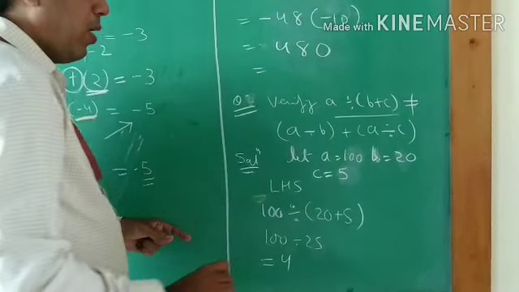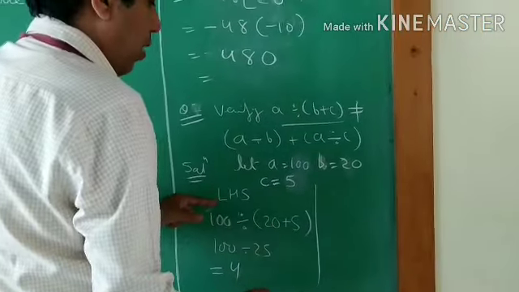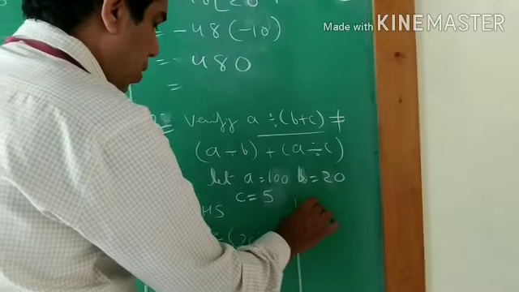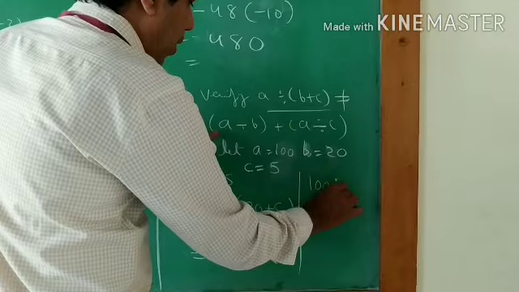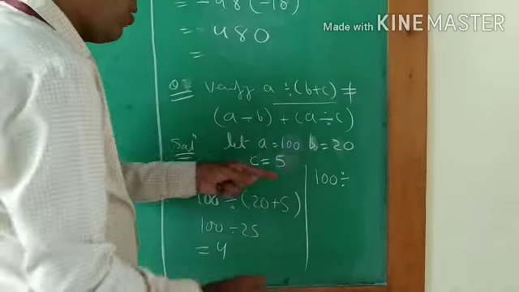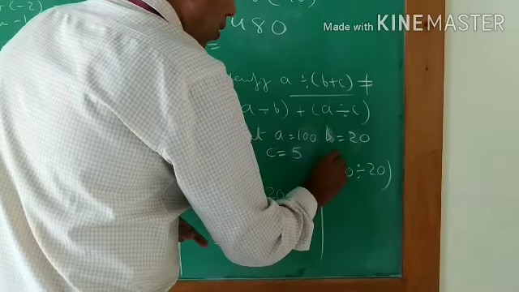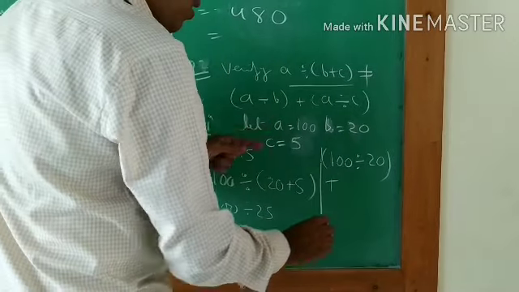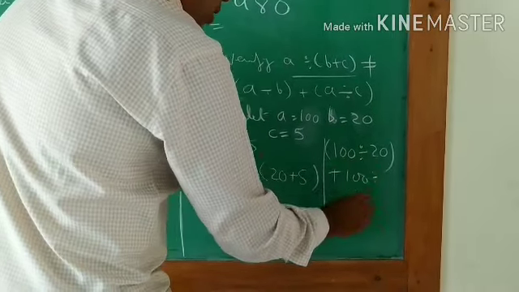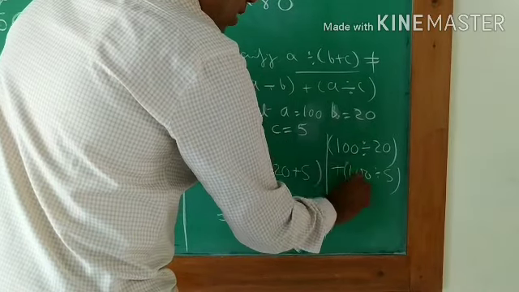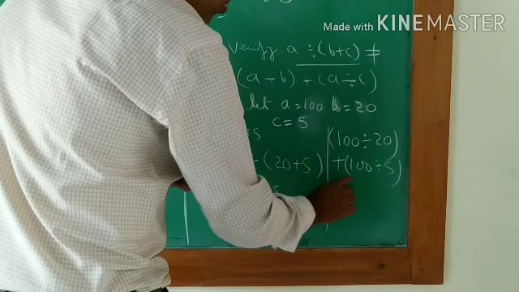But let us see the second side, RHS. Now it comes here 100 divided by B, and B is how much here? You can see 20, plus again 100 divided by C, and C is how much? 5. Find the answer. 100 divided by 20 is how much? 5.